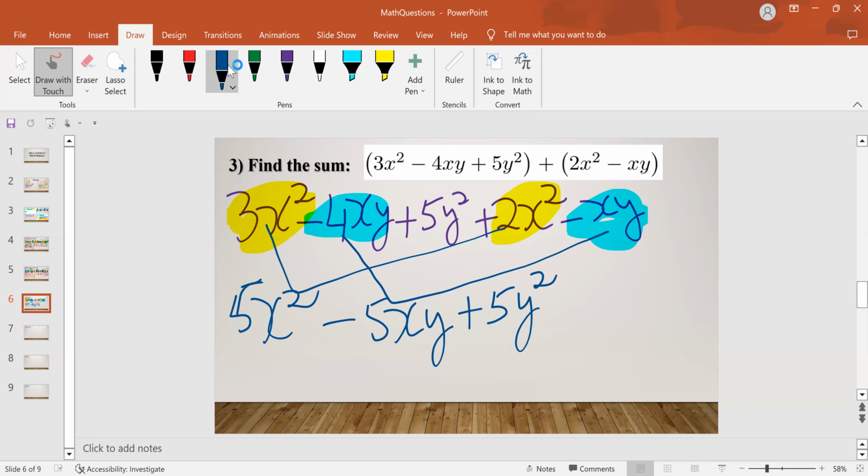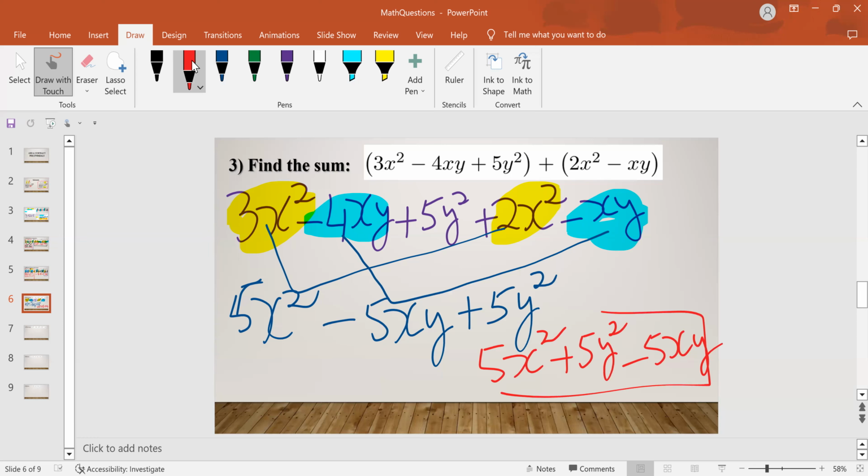Now we can try to rewrite it with the highest exponent before the lowest exponent. So when we have a 5x squared, we can have a 5y squared before the negative 5xy.